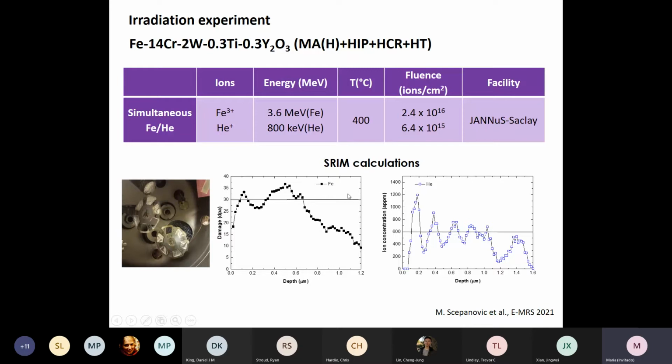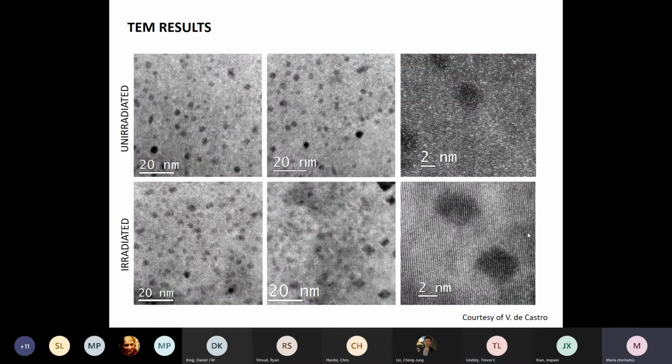We used iron ions up to 30 displacements per atom and helium for 600 atomic parts per million, according to these extreme calculations here, and at a medium temperature of 400 degrees C.